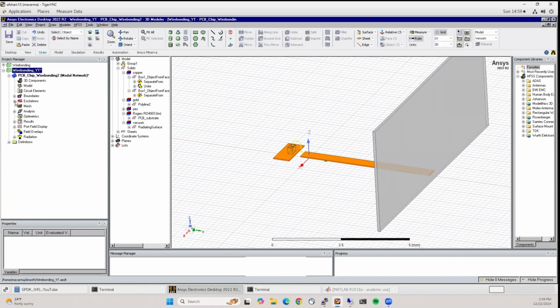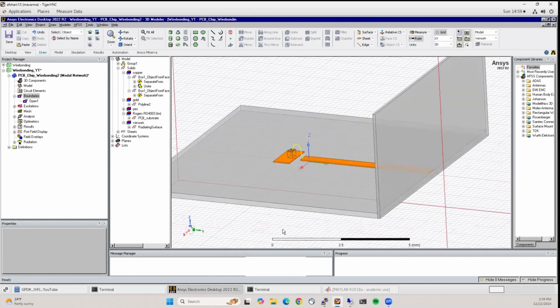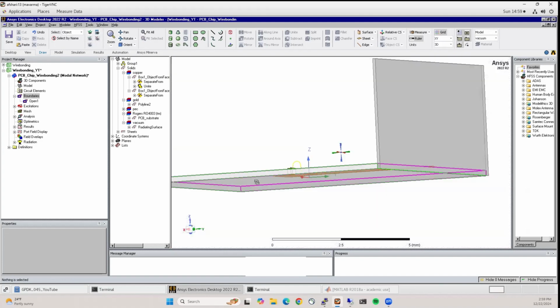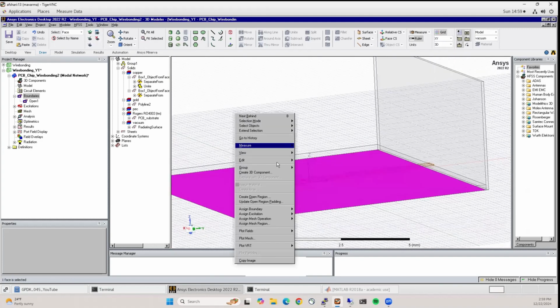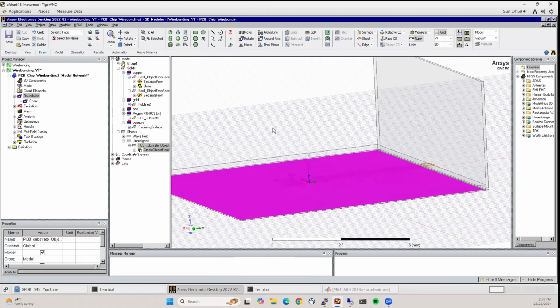So we need to make a few changes to the ports as well. Before that, I'm going to delete the perfect boundary on this bottom, and we'll actually make it an upper surface.